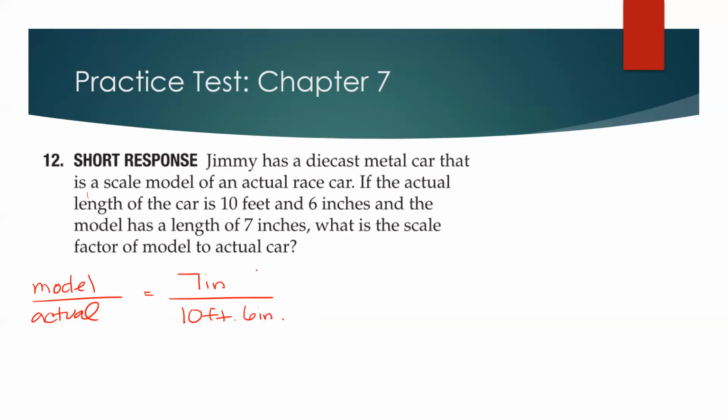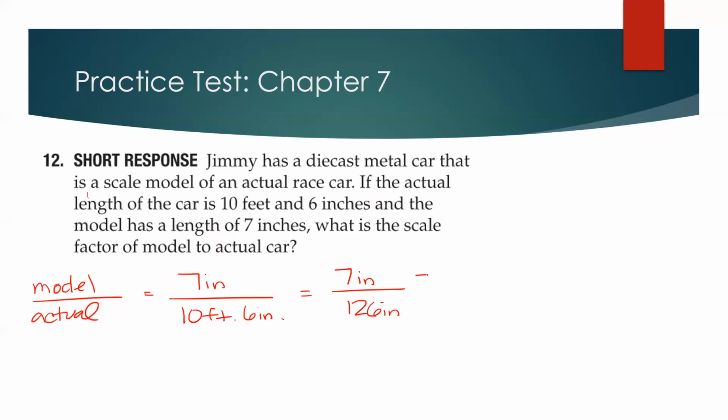Okay, so they're both in inches, so that's 7 inches, and then 10 feet, well that's 10 times 12 inches per foot, that's 120 inches, plus 6 more inches, that's going to be 126 inches, okay?